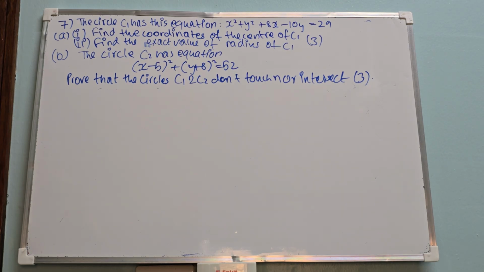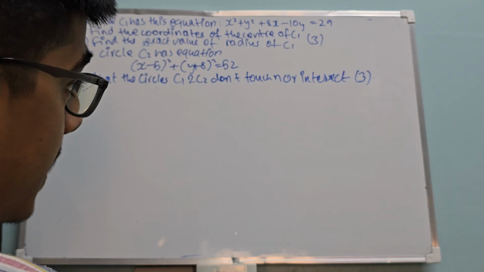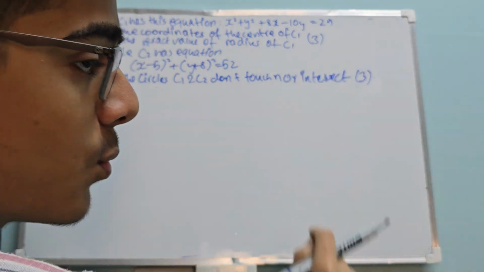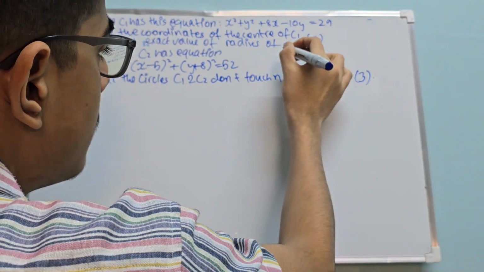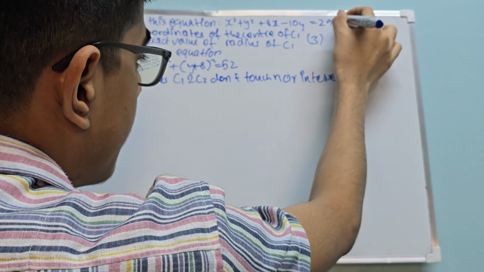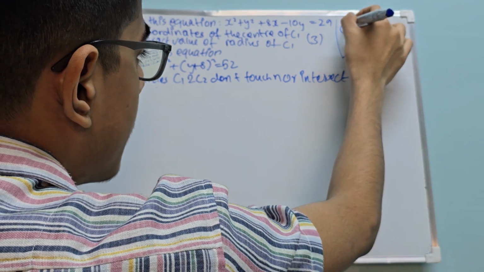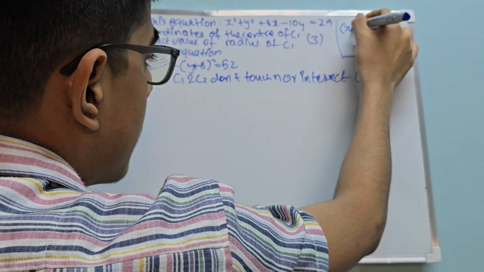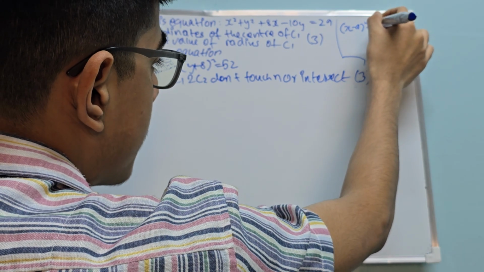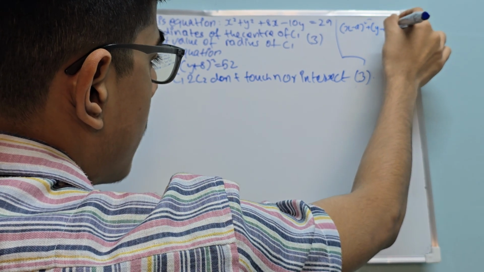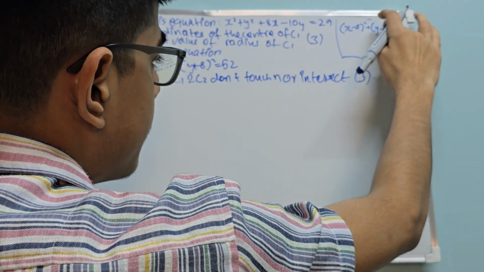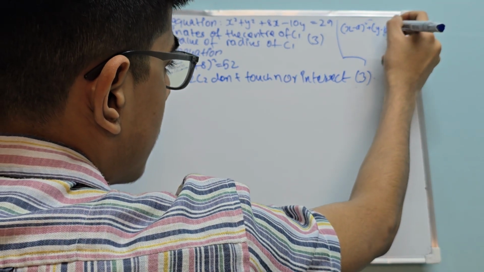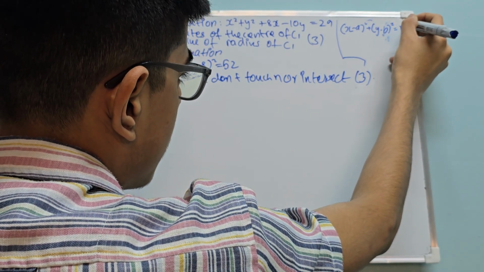Okay, so let's do part A first. In order to find the center and the radius of a circle, we need to put this expanded equation into this form: x minus a squared plus y minus b squared is equal to r squared.